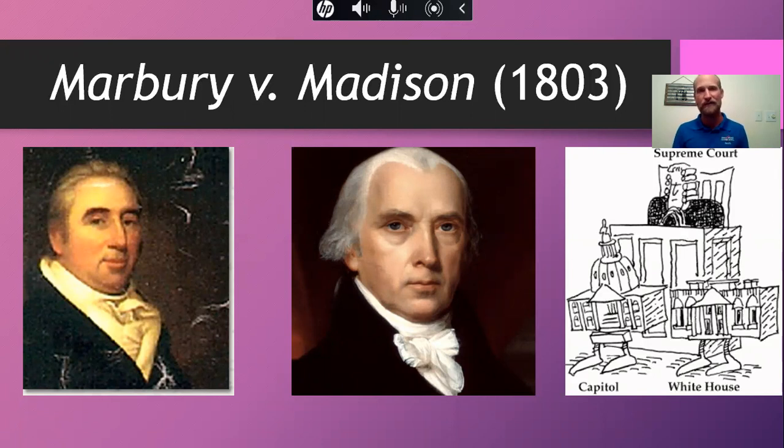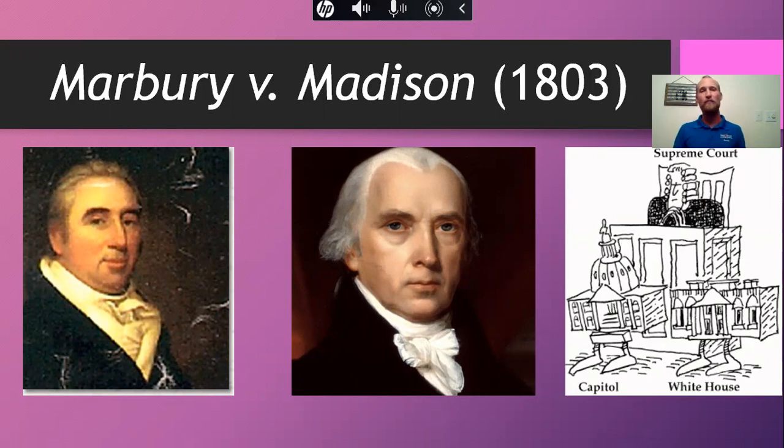In Article 3, the only cases that the Supreme Court has original jurisdiction over, the only cases that the Supreme Court will hear for the very first time are cases involving ambassadors, ministers, and consuls, and cases involving states, where a state is a party in the court case. So John Marshall, the Chief Justice, says this court case should have never started here in the Supreme Court.